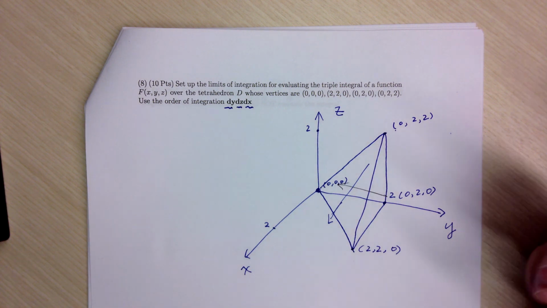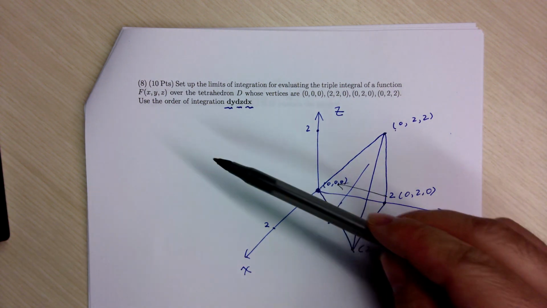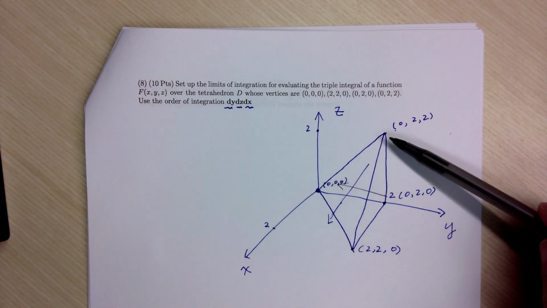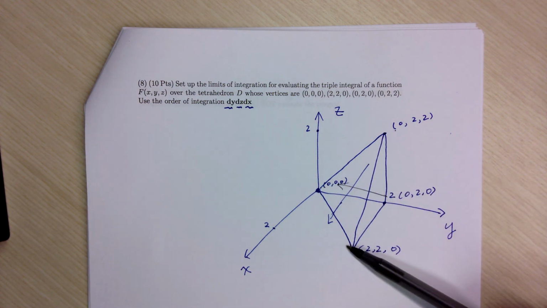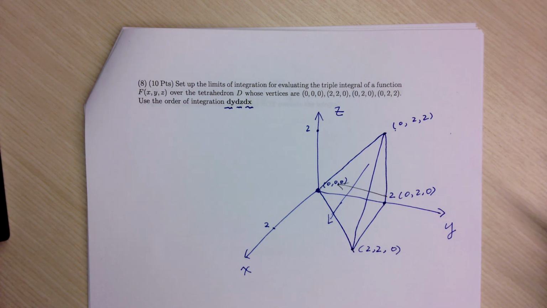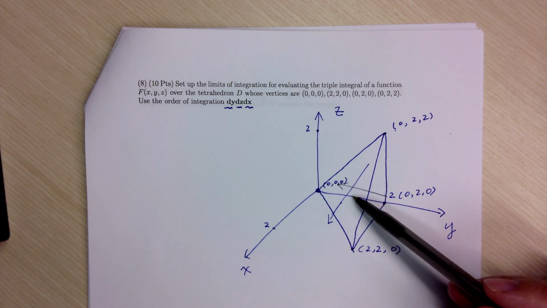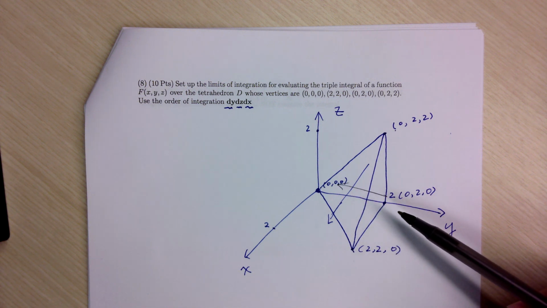Okay, and it's kind of like drawing an arrow that is perpendicular to this face. Okay, so what do we want to do? We actually want to figure out what the upper bound and the lower bound for y are in terms of x, right?